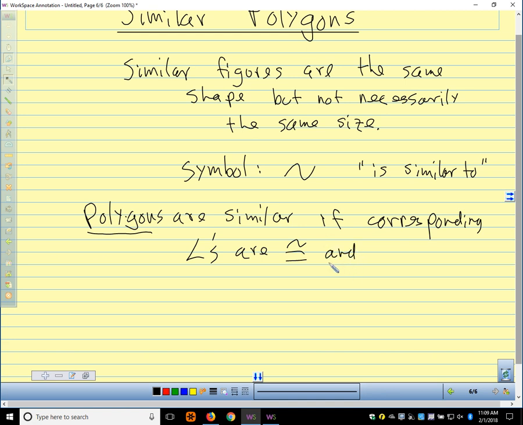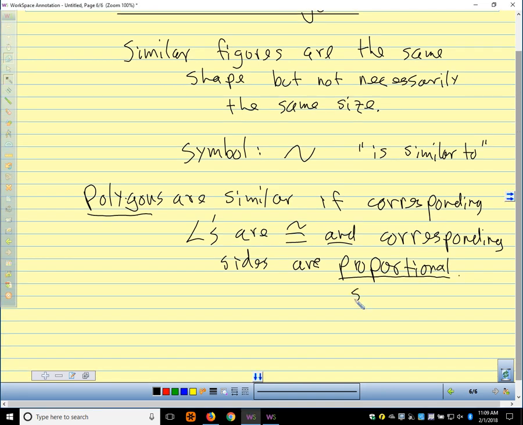And corresponding sides are proportional. And proportional means the same ratio. So we check the ratios of the sides, big side to the big side, medium side to the medium side, small side to the small side, and they all have to have the same ratio for the two shapes to be similar.